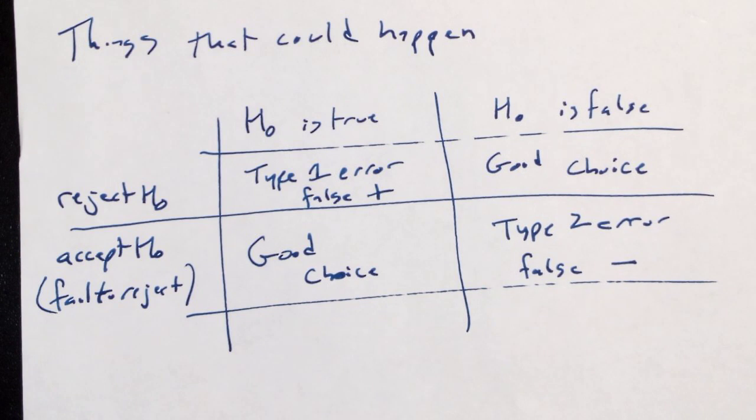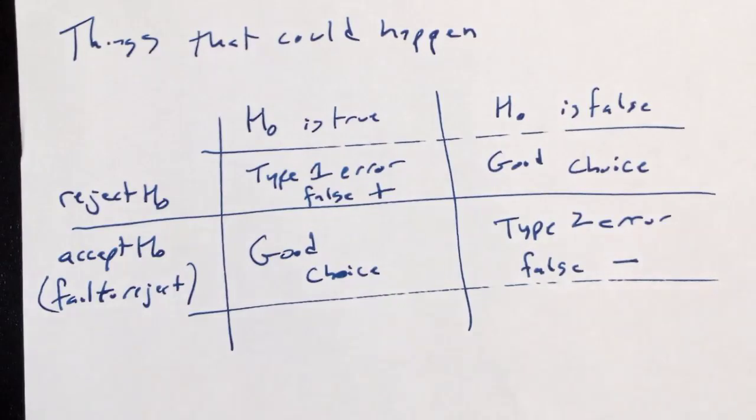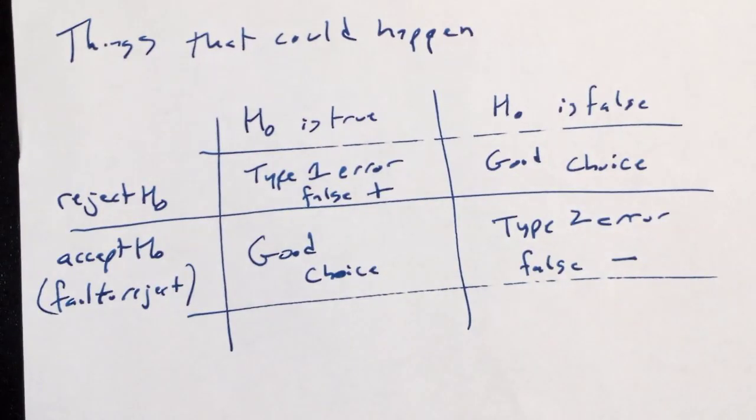Drug testing. What's this error? A false positive, and so you can't play. Maybe you get fined. Maybe your team gets fined. Some disqualification occurs, right? What's this one? They don't catch you at it, right? So somebody dirty gets to play, Lance Armstrong, right?